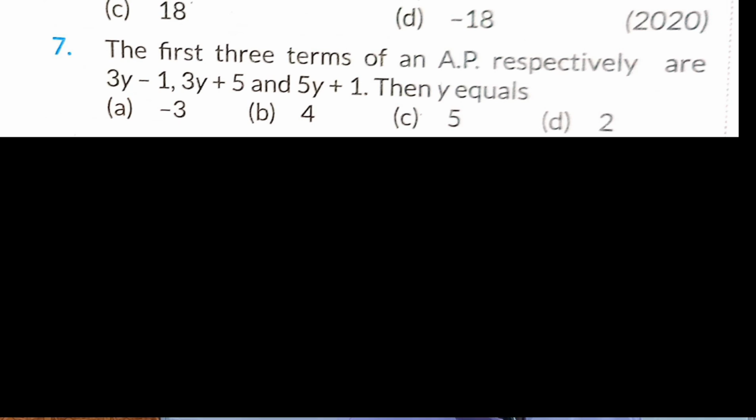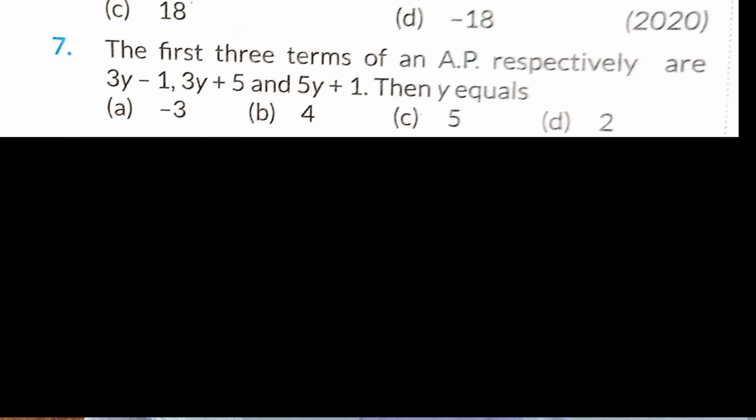Dear students, one question might be visible to you on your screen. Let me read it for you. The first 3 terms of an arithmetic progression respectively are 3y minus 1, 3y plus 5 and 5y plus 1.